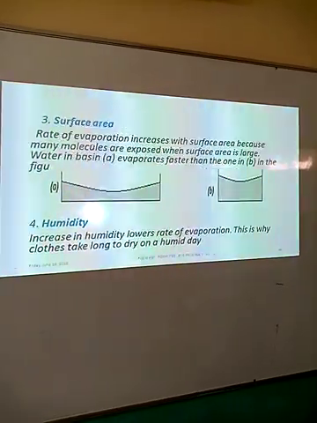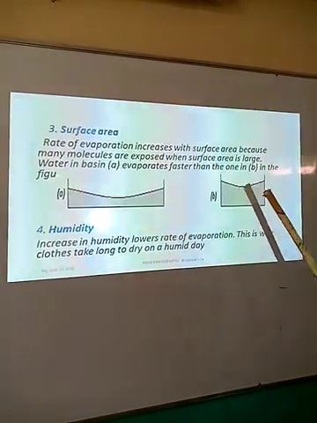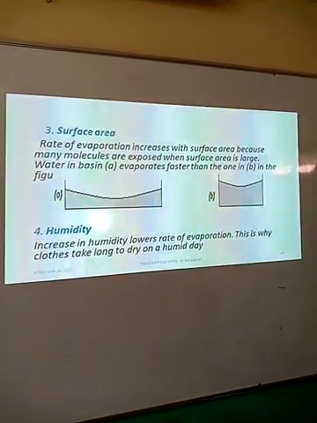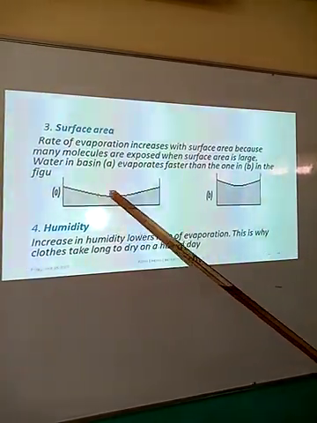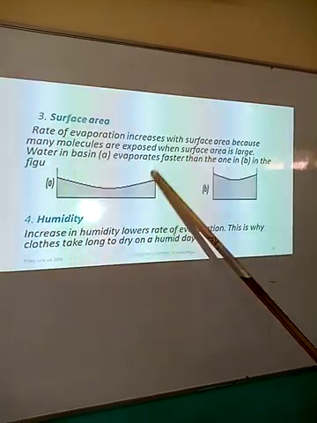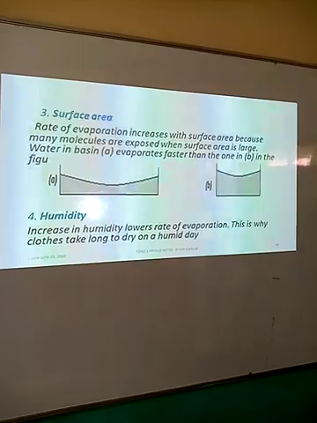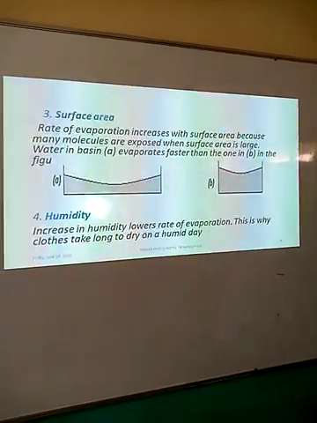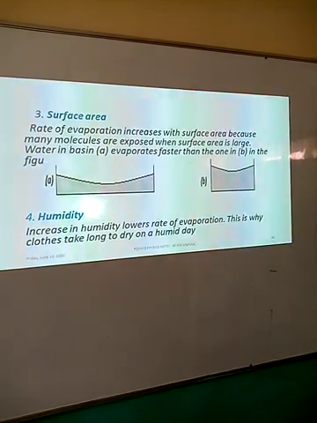So evaporation will tend to take place more in setup A than in setup B, because more molecules are exposed. When the surface area is large, then more molecules are exposed for evaporation to take place. So this makes it easy for them to escape to the surroundings.